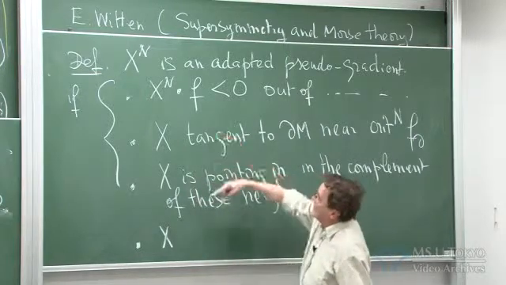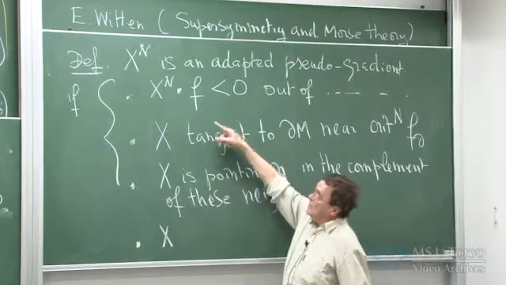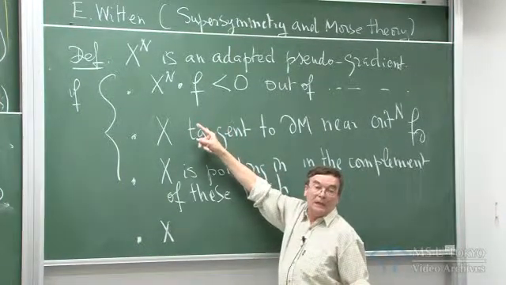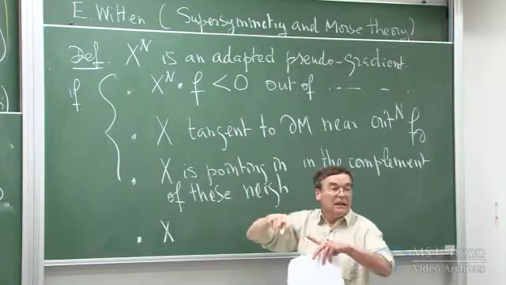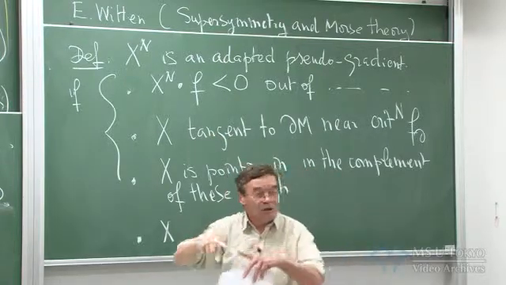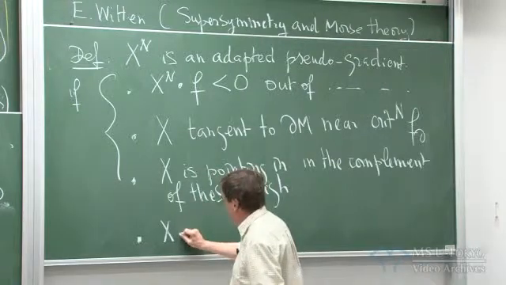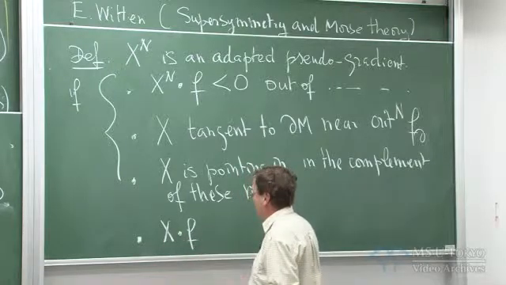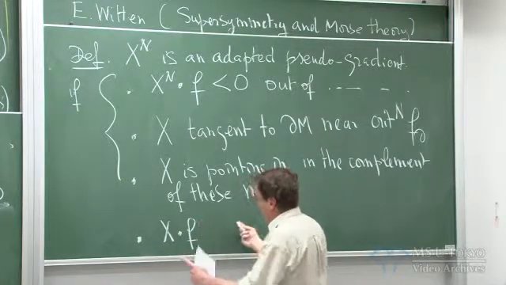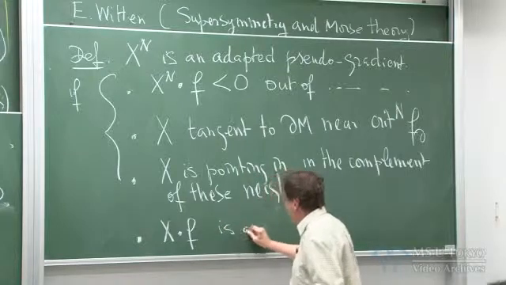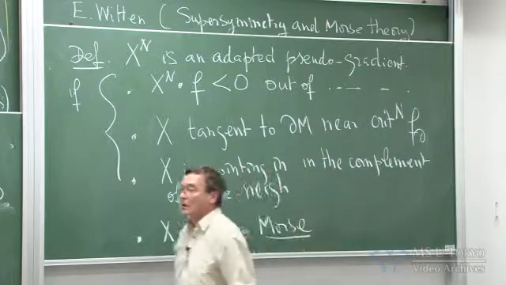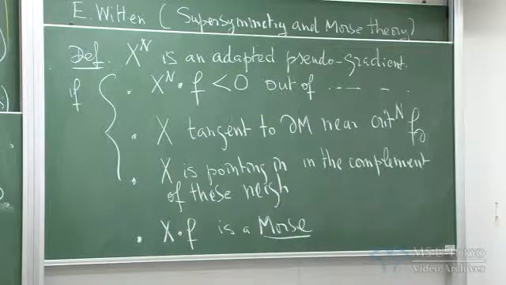With this condition, it is clear that X must vanish at the critical points, but you specify that the vanishing is non-degenerate, and a way of doing that is you ask that X derived f, which is a function, is a Morse function. It is a generic condition on X if f is a Morse function.